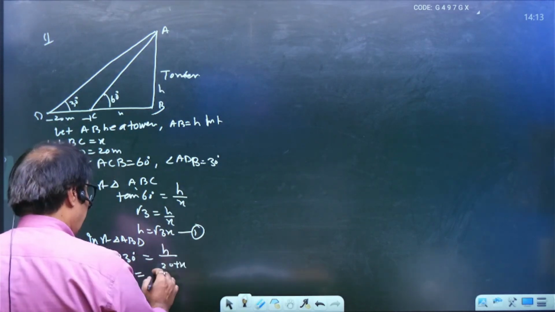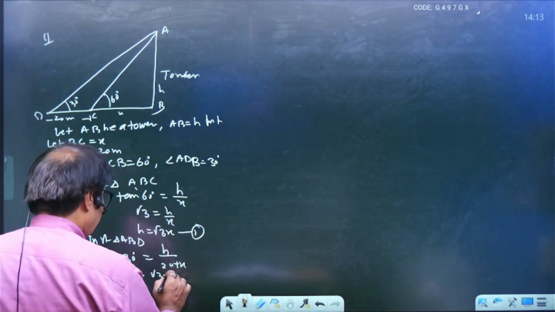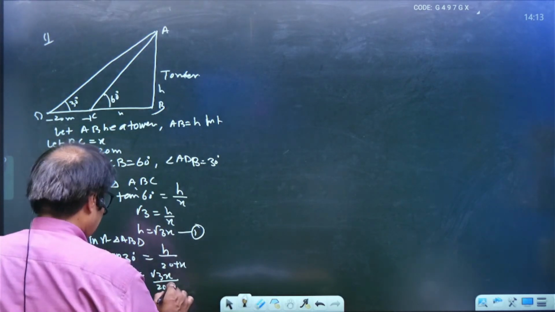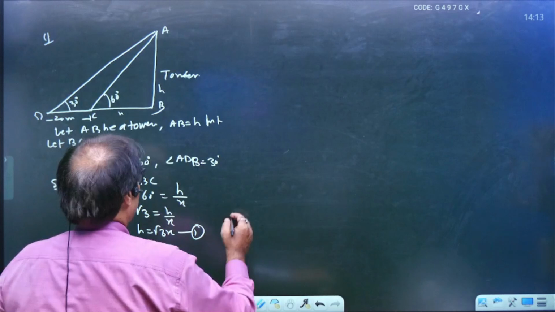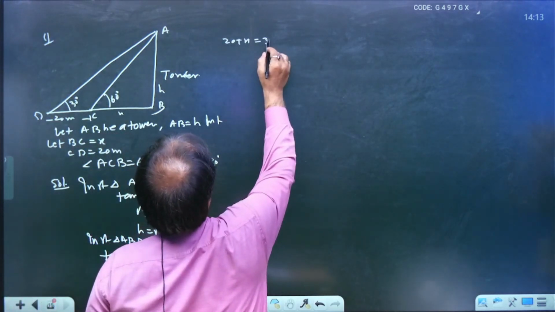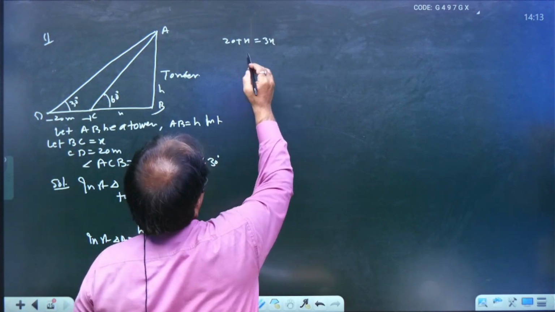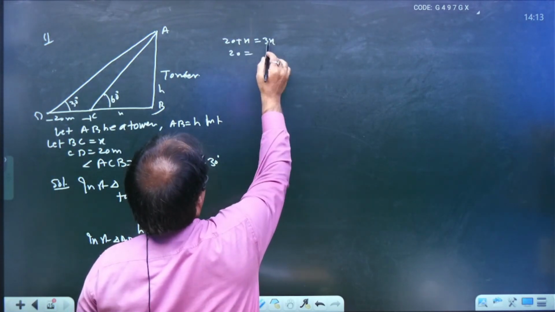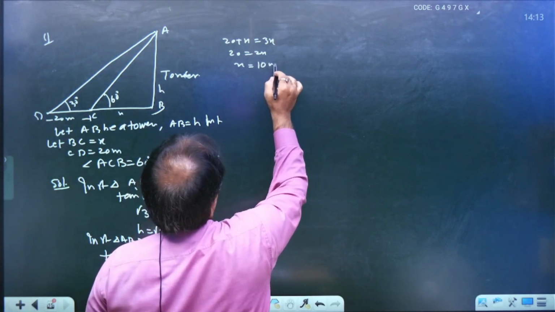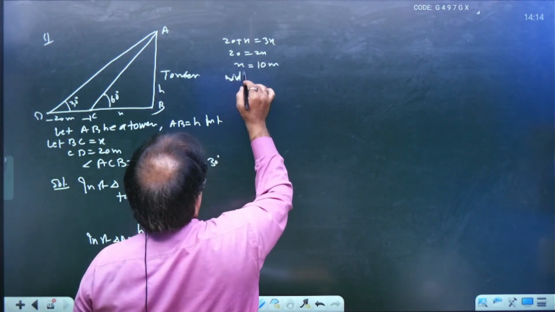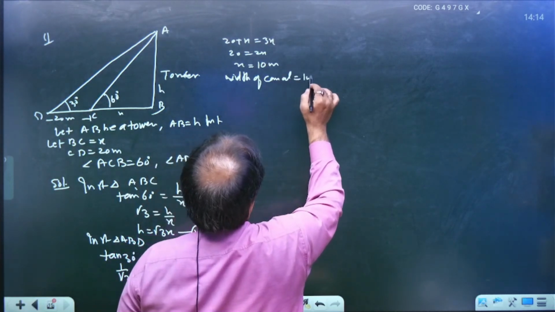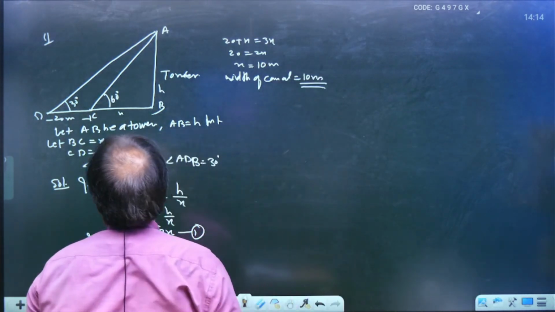And put the value of h from the first relation. So root 3 x over 20 plus x. By cross multiplication, 20 plus x is equal to 3x, because root 3 times root 3 is 3, and 20 is equal to 3x minus x, 2x. So x is equal to 10 meters. So it means the width of the canal is 10 meters.